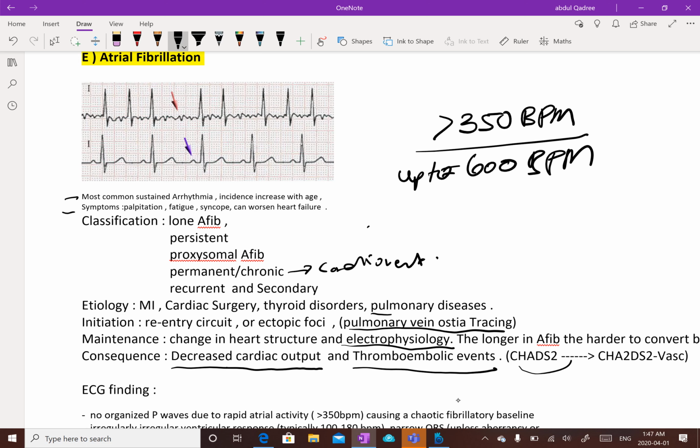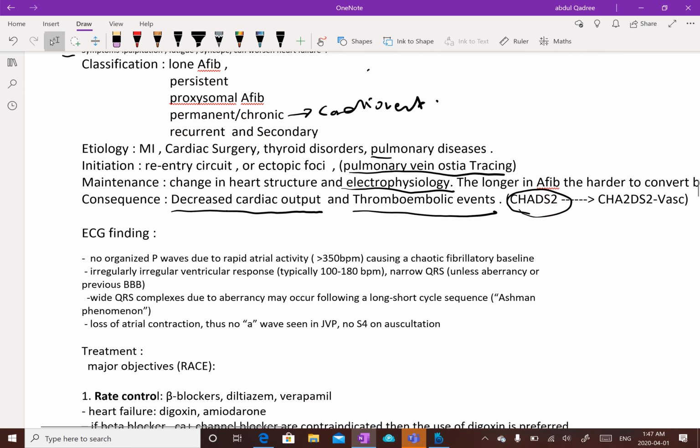The CHADS score is the scoring they use to stratify patients who are going to develop a stroke from atrial fibrillation. If your CHADS score is greater than 1, then you use CHA2DS2-VASc to determine the probability that the patient will have a stroke.